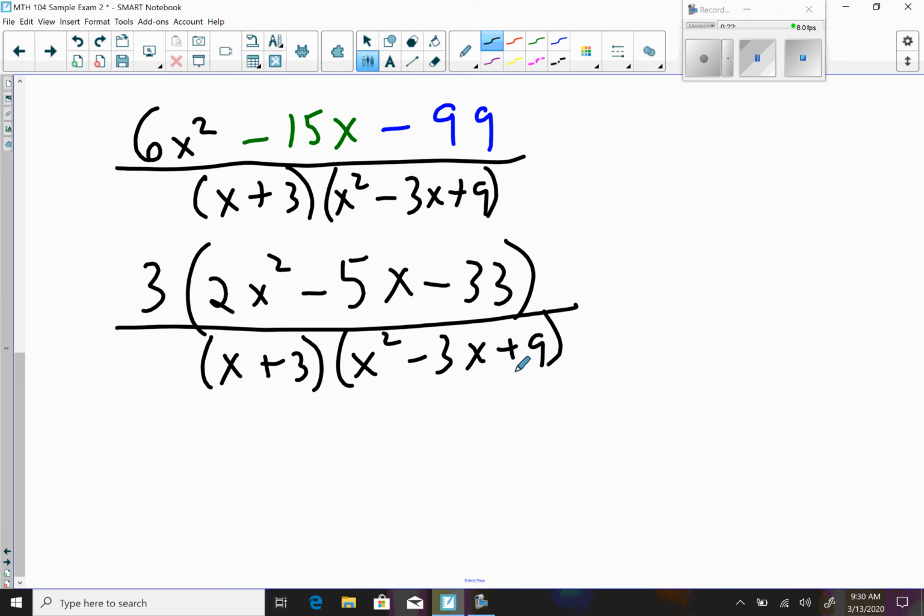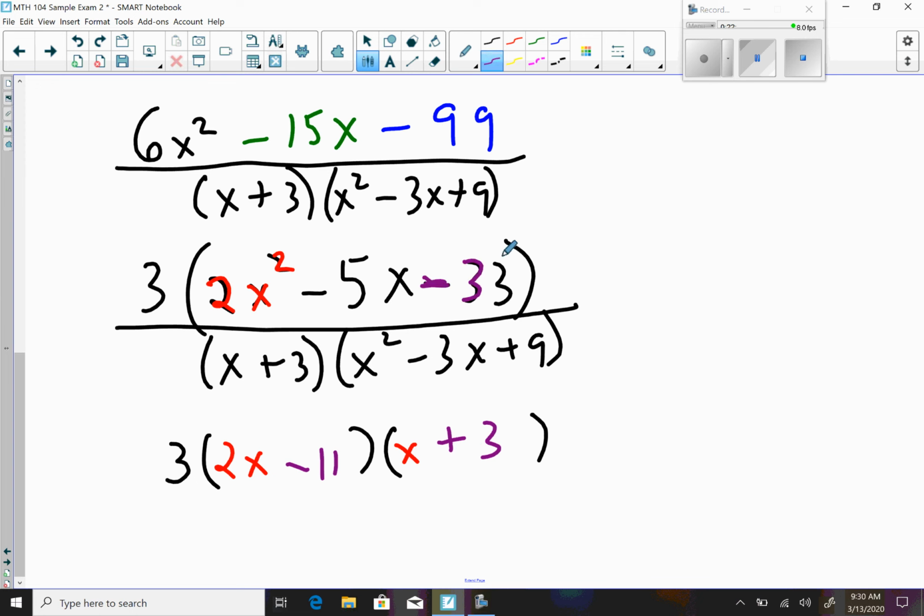Then 2x squared minus 5x minus 33 can be factored because 2x times x is 2x squared, and negative 11 times positive 3 is negative 33. And the reason this is correct, besides what I just said, is outers 2x times positive 3 is positive 6x.